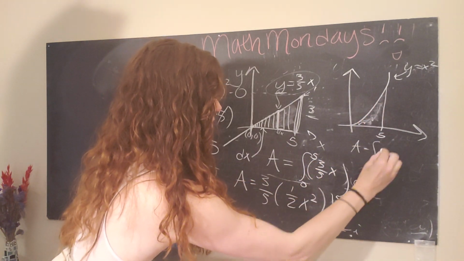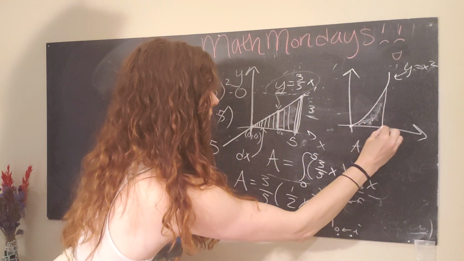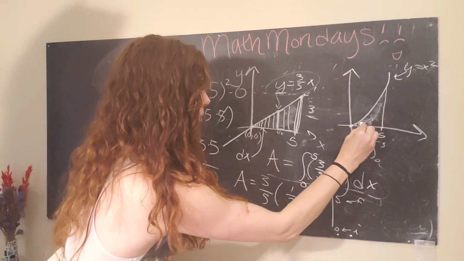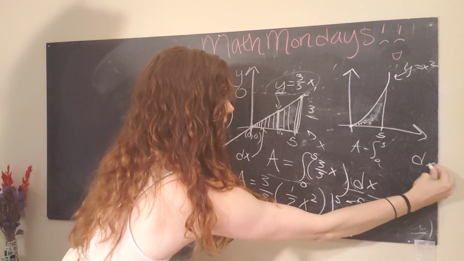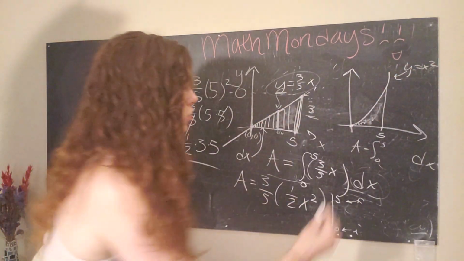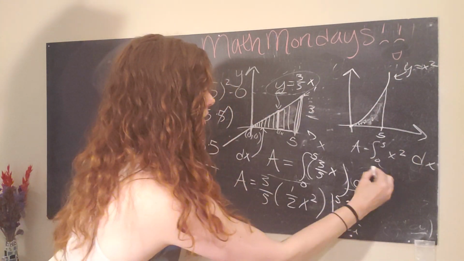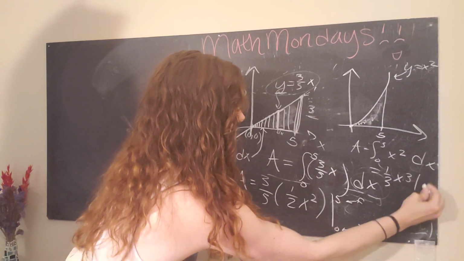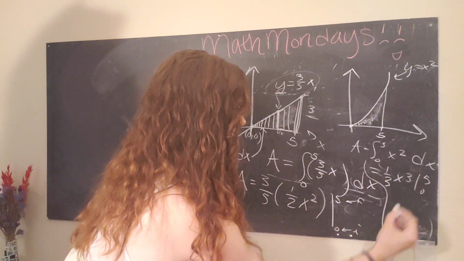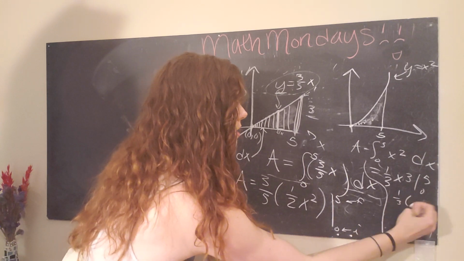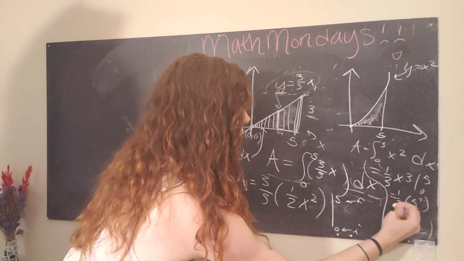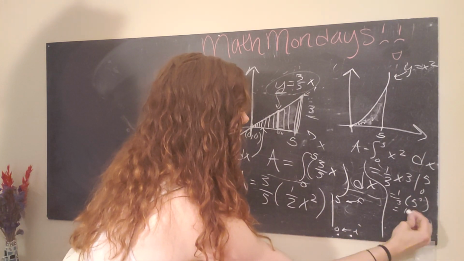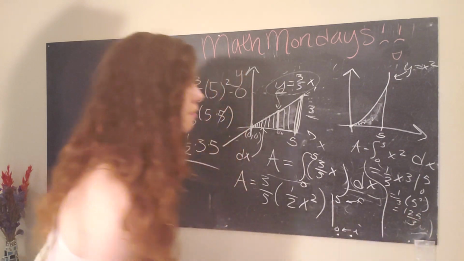The integral would be from 0 to 5. My starting point is here, my ending point is here. We add up little chunks of dx times the height, which is just going to be x squared, and we do the same thing. So in this case, I get 1/3 x cubed from 0 to 5. I'm going to do this over here, 1/3 times 5 cubed equals, what is this, 125 over 3.